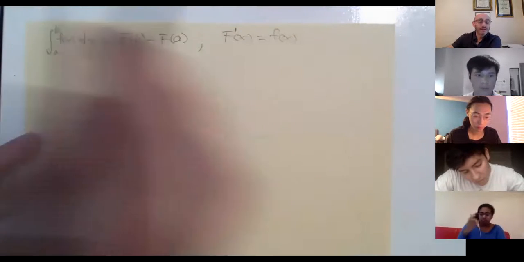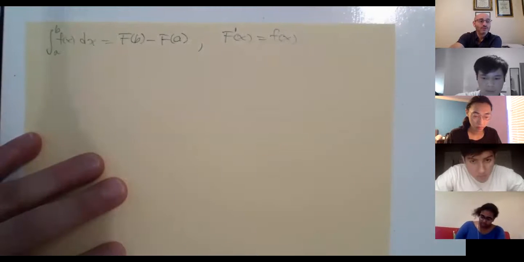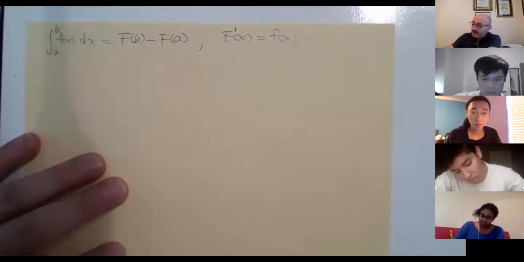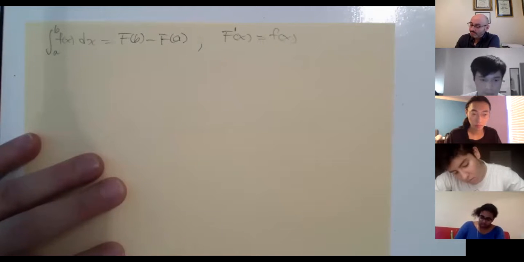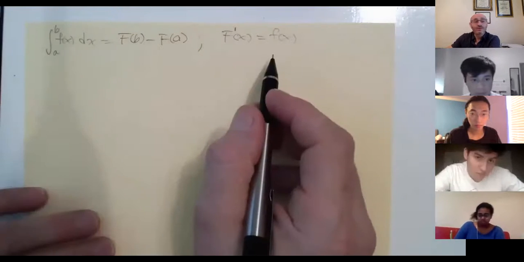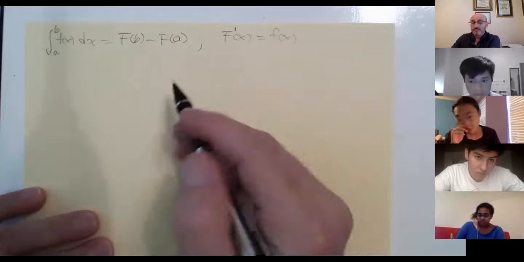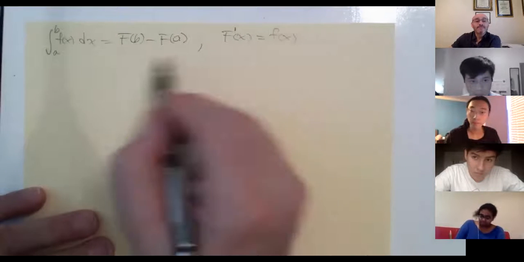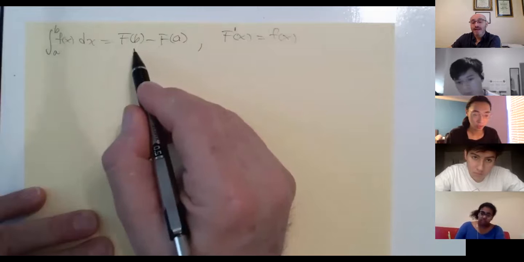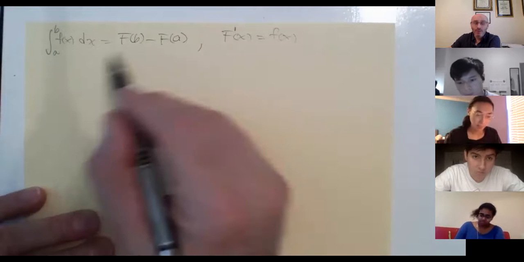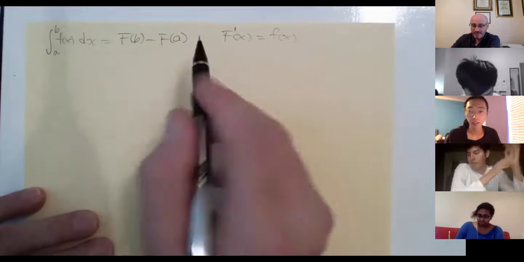Meaning, when we take the derivative of big F, we should get the small one, right? So today, we're going to start learning ways to get big F, the antiderivative. And then we will come back to the definite integral.